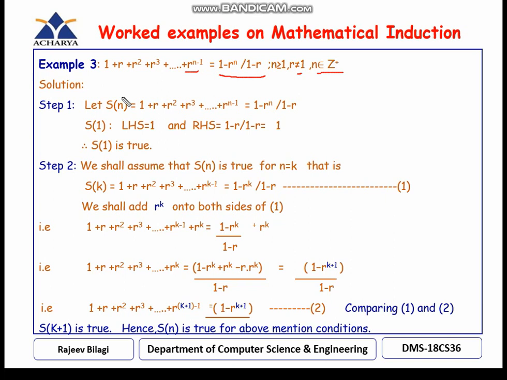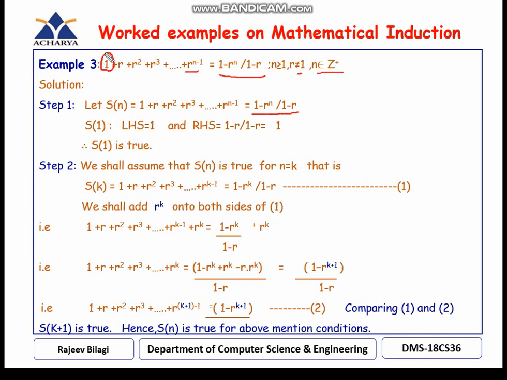As usual, S of n equals 1 plus r square plus r cube plus up to r to the power of n minus 1, equal to 1 minus r to the power of n divided by 1 minus r. So S of 1, I can write only one element.